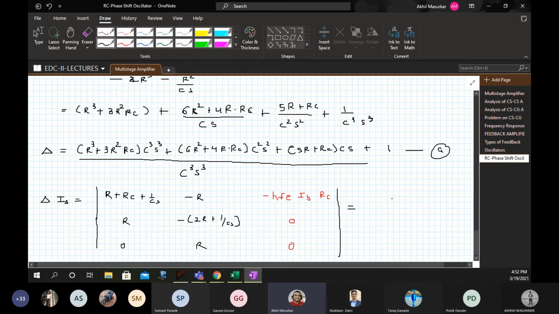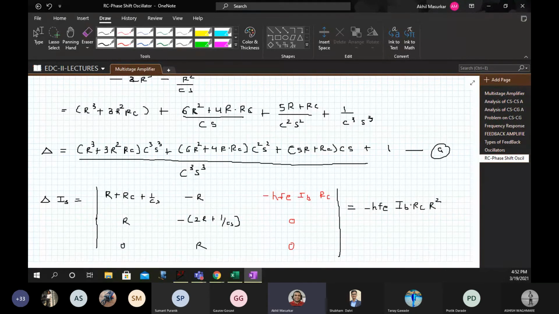That will be simply minus HFE into IB RC into simply R square. So delta I3 calculation was not at all difficult. It was very, very simple.